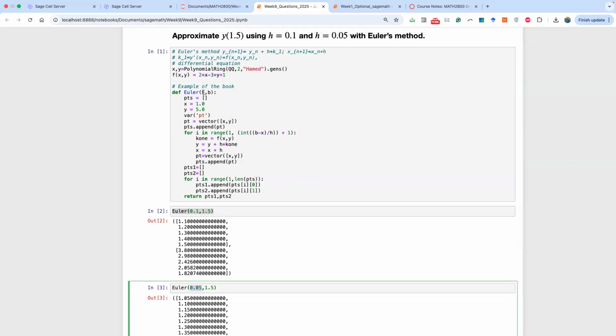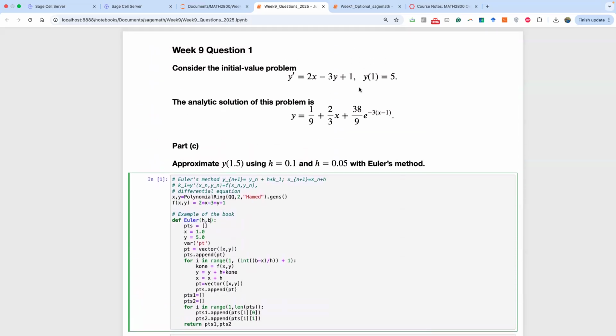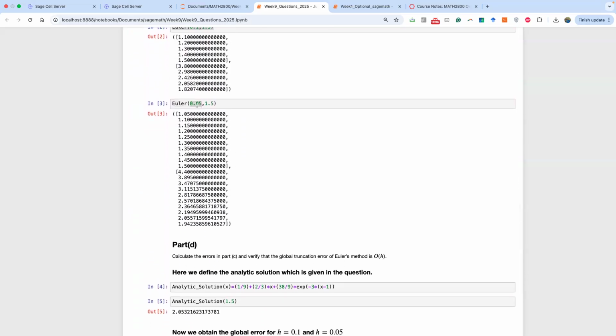Our function depends on h and b. H is the step size and B is the target, y of 1.5. Changing the step size will give us a slightly different, finer and more precise solution. So when x is 1.5, using the finer step size, we will get this guy.